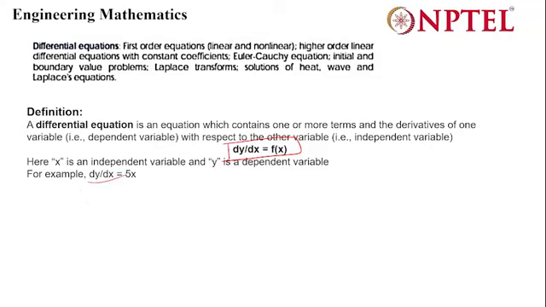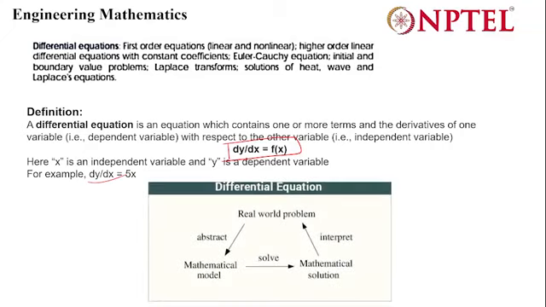So what is the application of differential equations? Suppose there is a real world problem, any kind of problem. What we do is convert that problem into a differential equation, because solving problems in mathematics is easier as compared to science. Whatever problem you get, you convert it into an equation and then solve that equation.